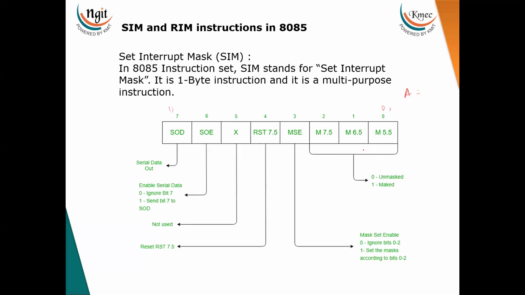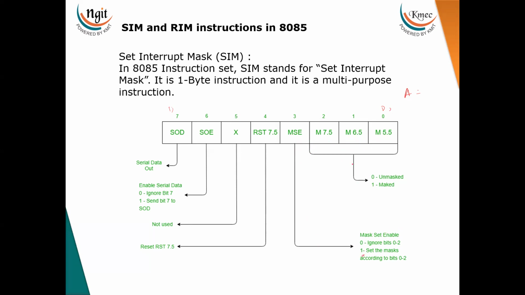Now if we see bit number 3, when this bit number 3 is equal to 1, then masking is possible. We can mask the interrupts. So masking of 5.5, 6.5, 7.5 can be done only when the MSE, mask set enable, is set to 1.